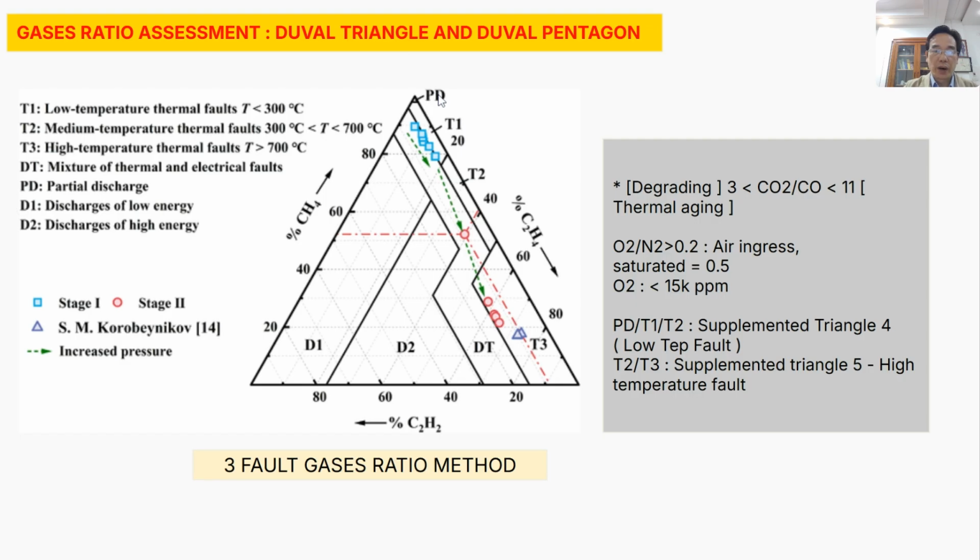One note is that on top of the triangle we have a very small zone, representing the problem with partial discharge in the transformer. This zone is very small, but the frequency of this problem in transformers is not small.